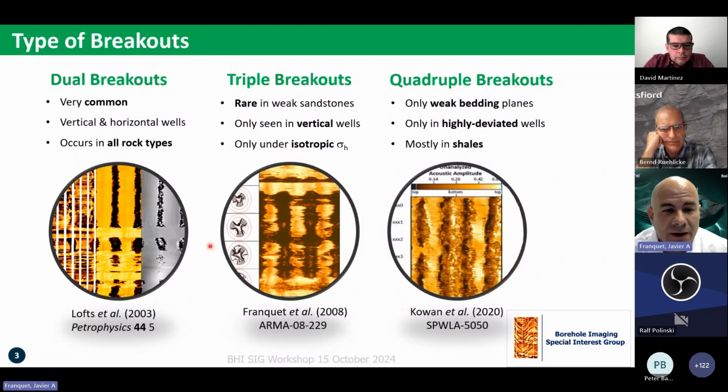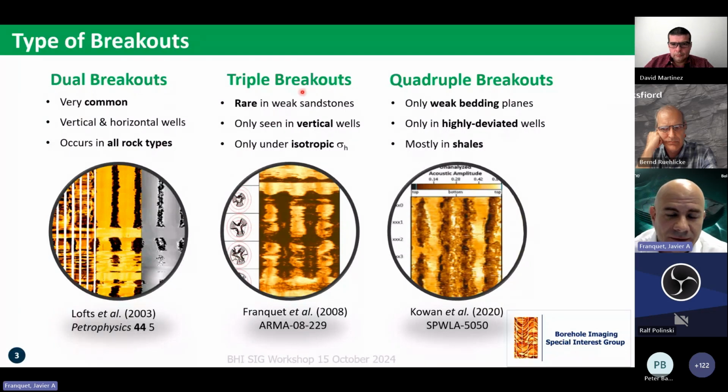The main takeaway of these breakouts on vertical wells is that they automatically give us the direction of the horizontal stresses, the directionality of the principal stresses in the horizontal plane.